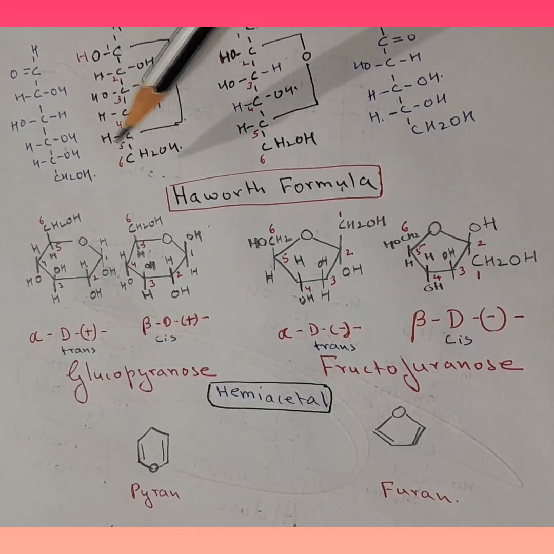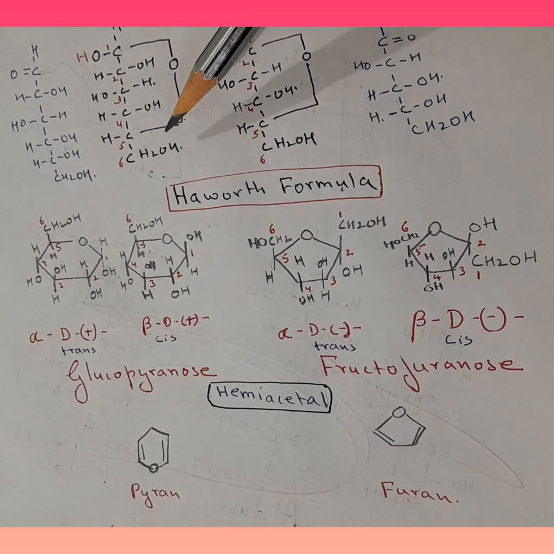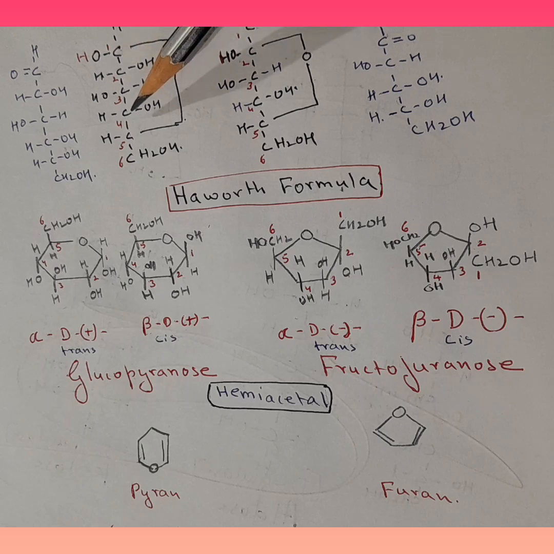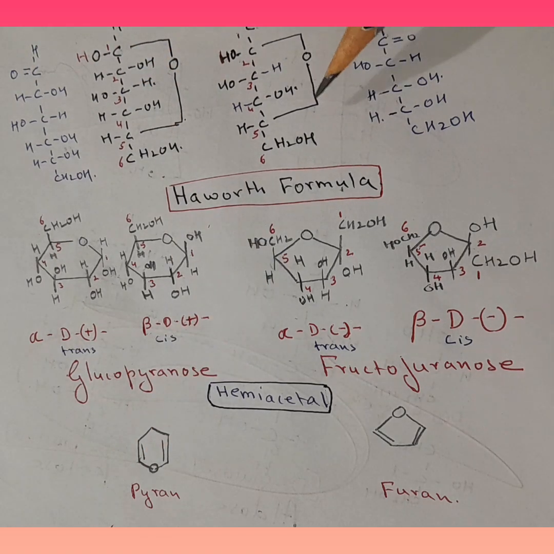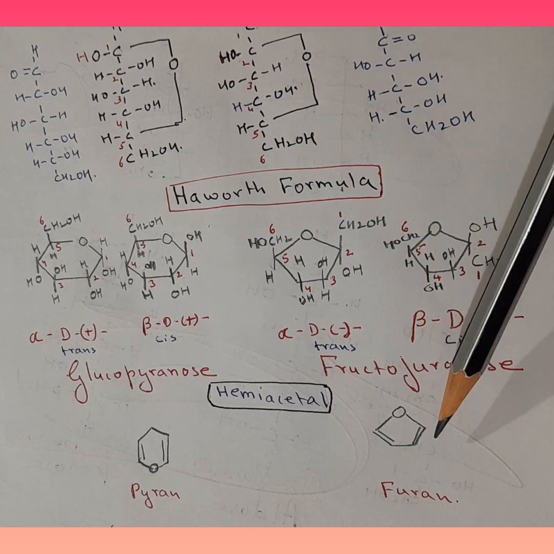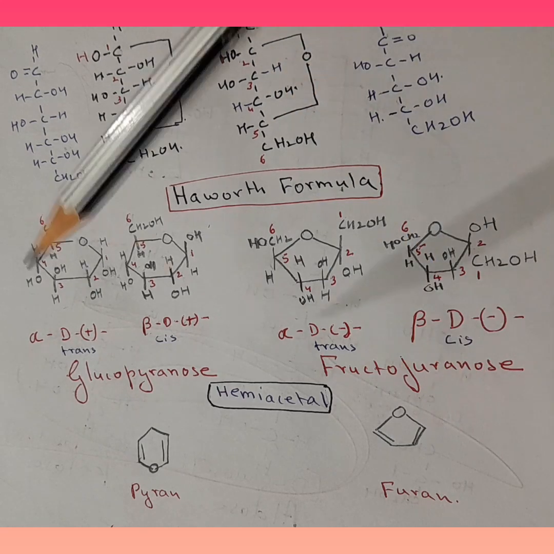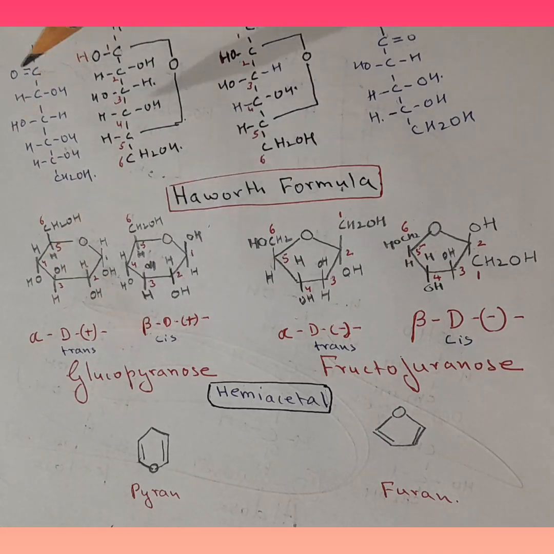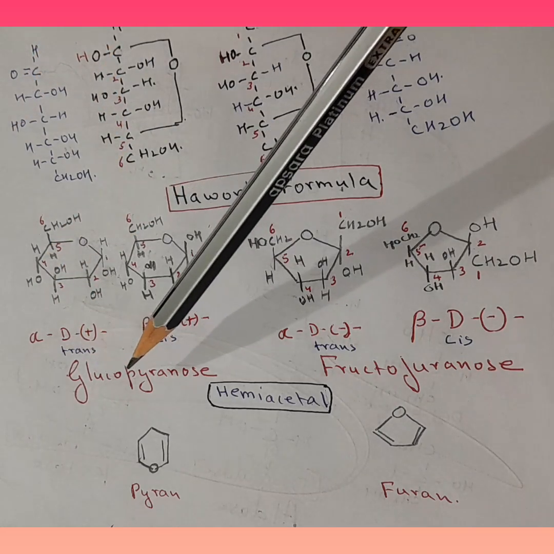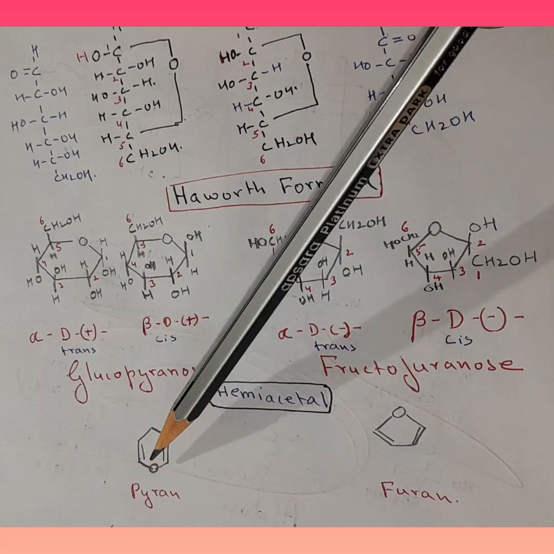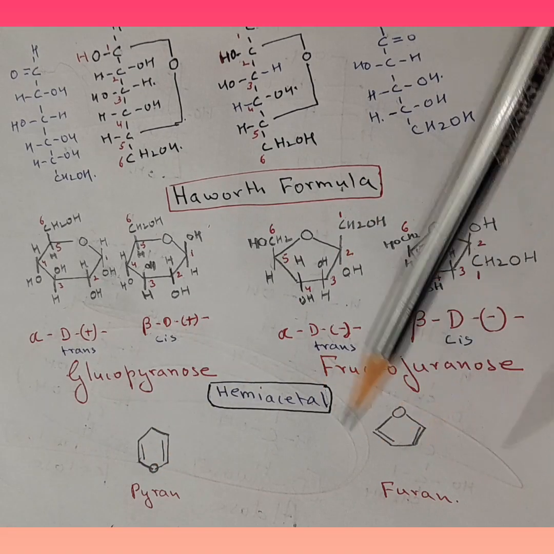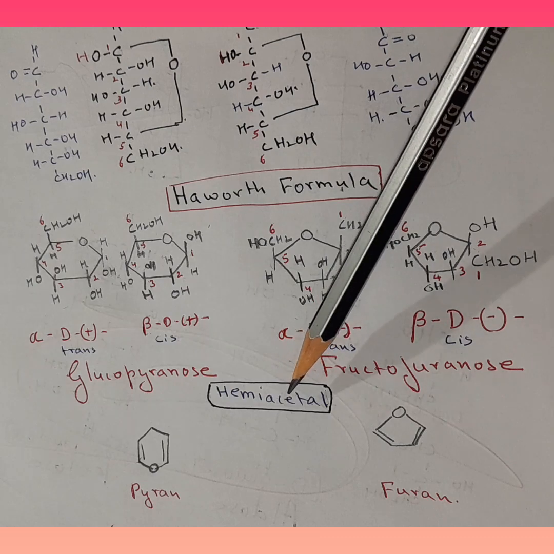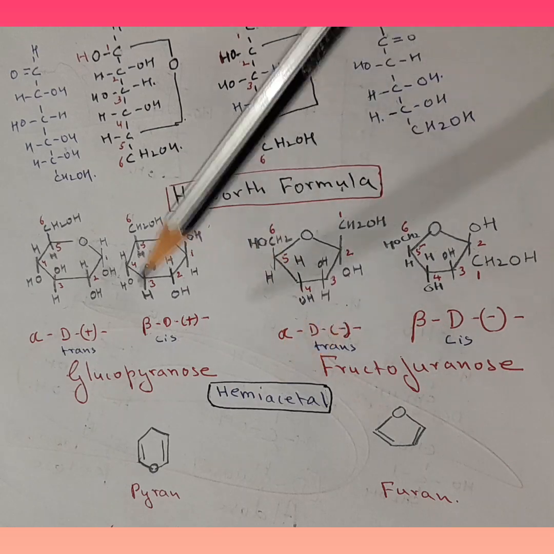Another thing which I had already mentioned: glucose forms a 6-membered ring, that is pyran, and this forms a 5-membered ring, that is the furan ring. So in this case we call it glucopyranose, and this fructofuranose. And these are also called hemiacetals.